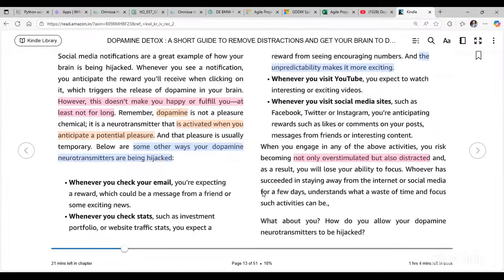Below are some other ways your dopamine neurotransmitters are being hijacked. One, we understood that whenever we check our email or stats, anything going up and down or changing frequently, or whenever we visit YouTube or any social media site where we get ample information to scroll, those are the curiosity pointers.